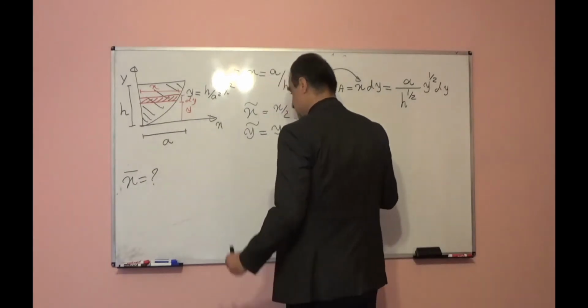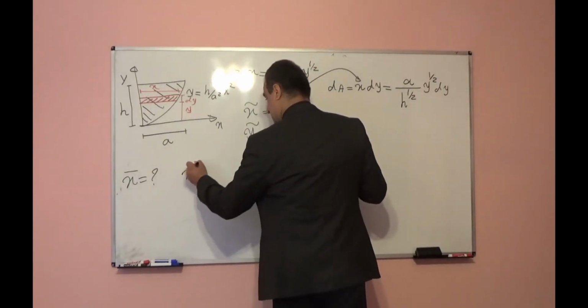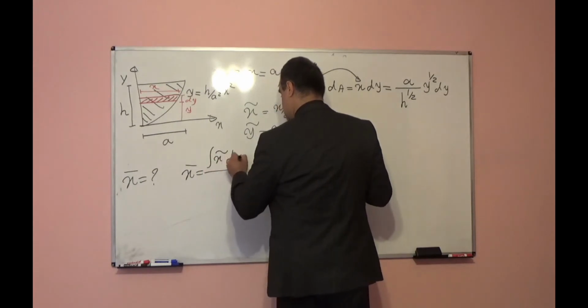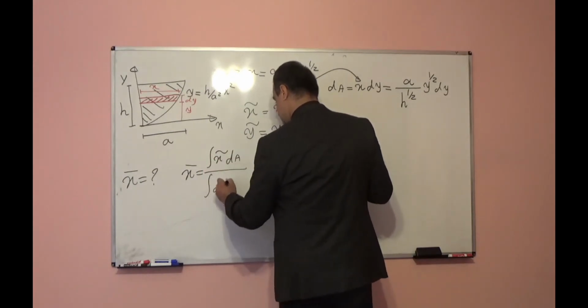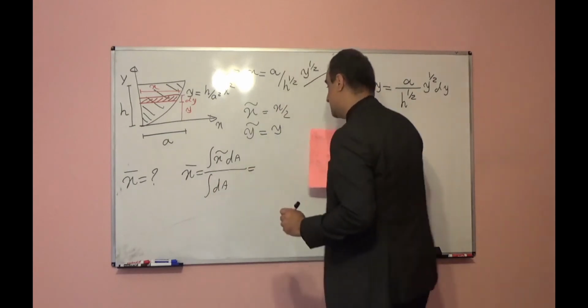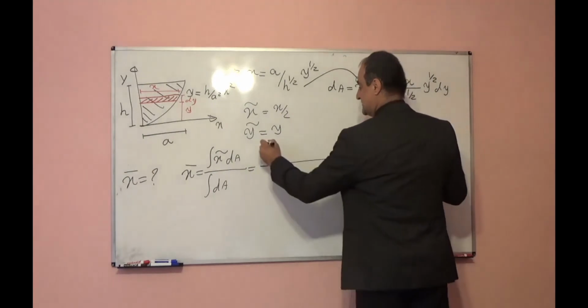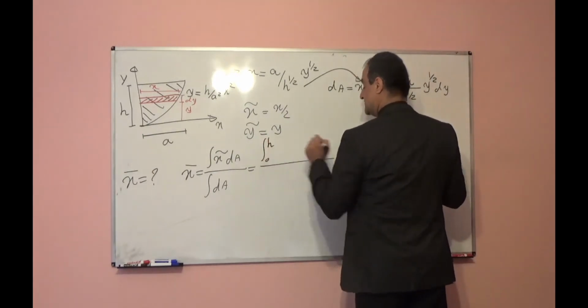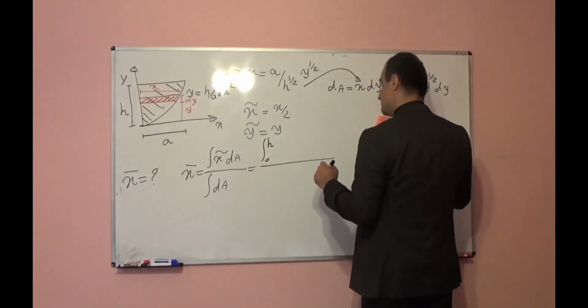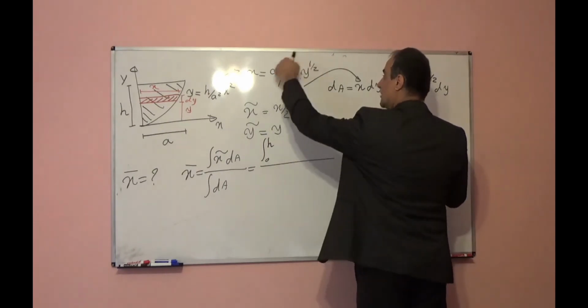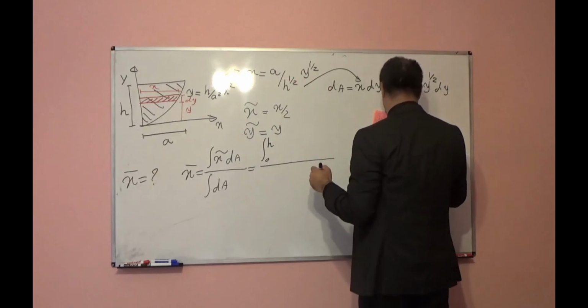Now, x bar will be equal to integration of x tilde dA divided by integration of dA. That will be equal to, y varies from 0 to h, integration from 0 to h. X tilde is x over 2, so I will plug this term divided by 2.